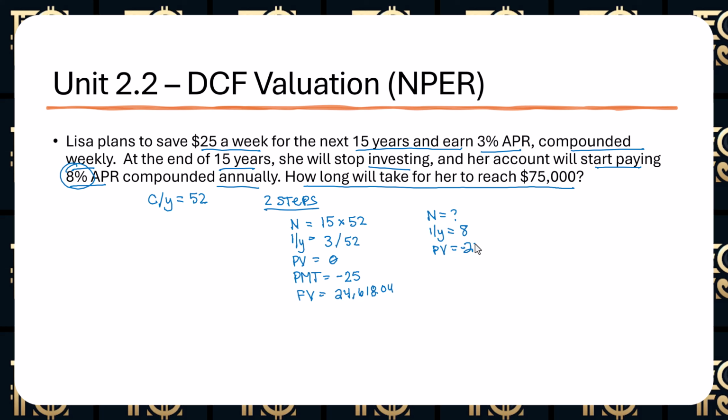We'll put a negative sign, assuming she's making this contribution into the account. She's not going to be making any other payments to the account, and she's trying to achieve $75,000 on the balance. And the question is, how long will this take?